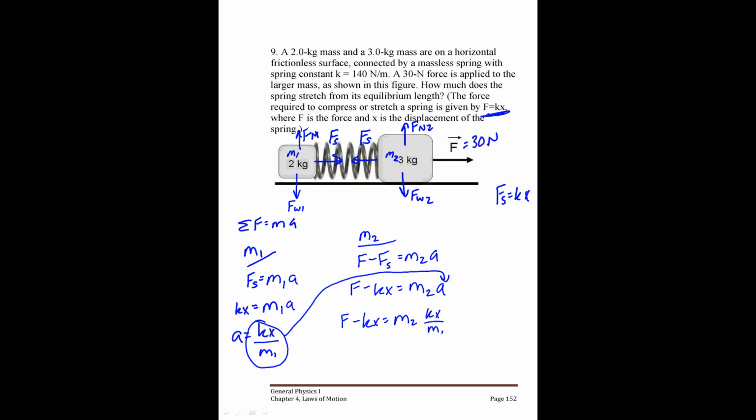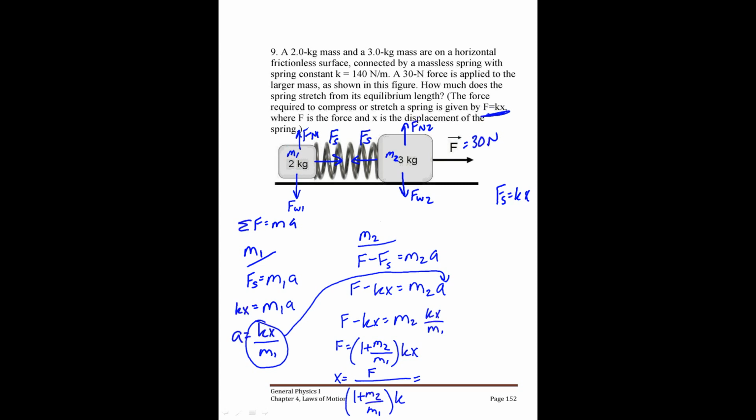If I combine all my x terms, I get F equals 1 plus m2 over m1 times kx. And then I solve that for x: x is equal to F over 1 plus m2 over m1 times k.